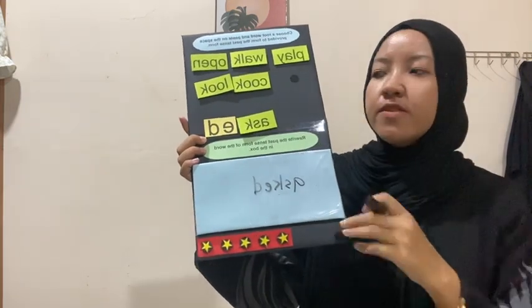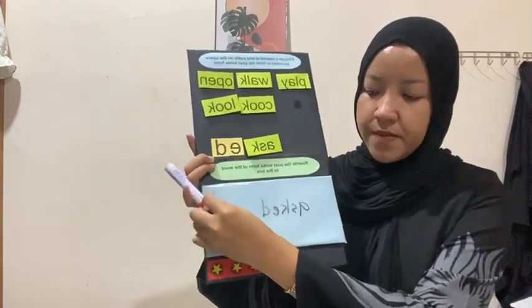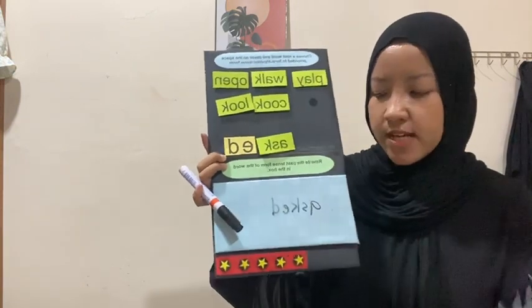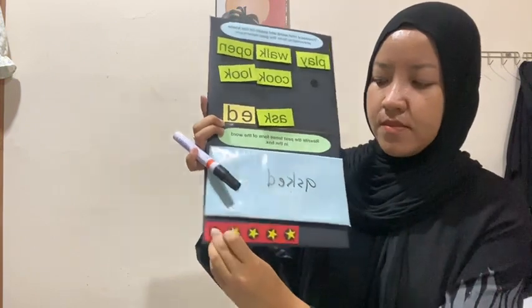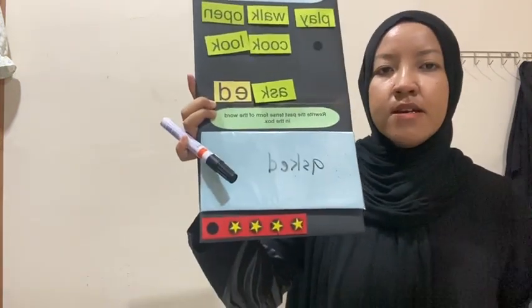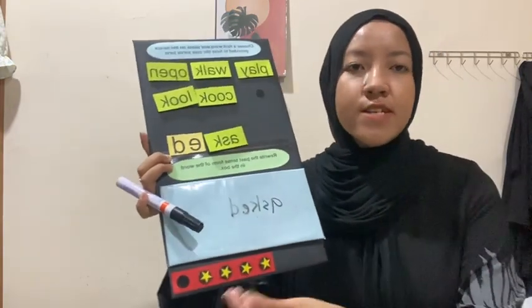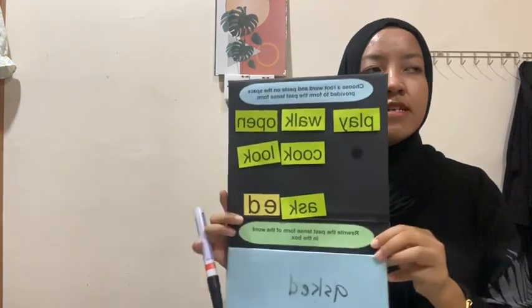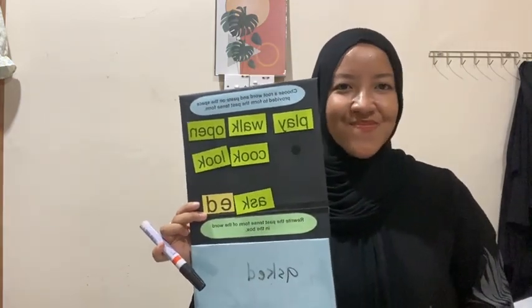For example, if the students did very well in this activity, the teacher can give them 5 stars. If the teacher wants to give the students 4 stars, they can simply take out 1 star like that. And if the teachers want to give them fewer stars, they just have to take out another star from there. So that is basically how this teaching aid can be used in the classroom.